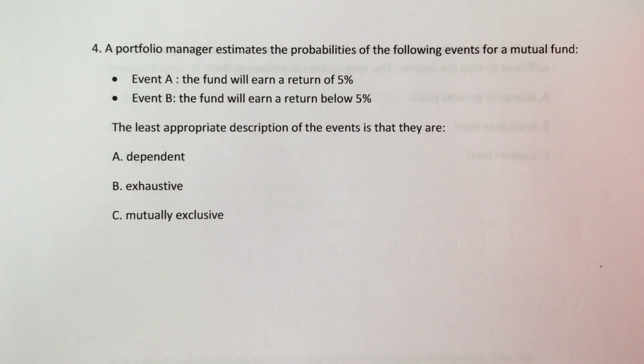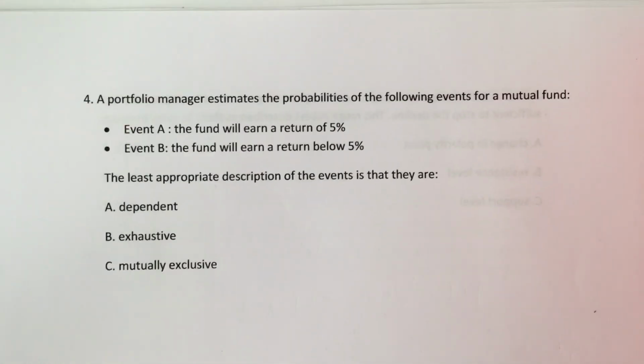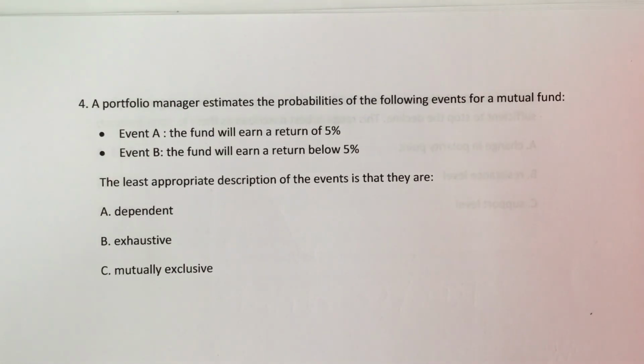Events are exhaustive when they cover all possible outcomes. Mutually exclusive means that only one event can occur at a time. Two events are dependent if the occurrence of one event does affect the probability of occurrence of the other event.